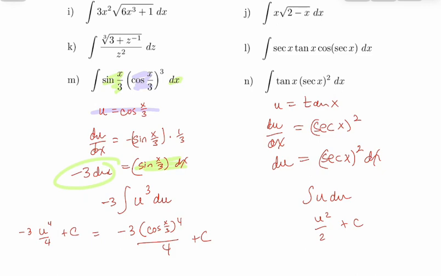Now, you do have to put your u back in as x's. Where we see a u, we need to make it a tangent. So that's tangent of x squared over 2 plus c. So that one looked weird, but it's not too bad. Okay. So those are those.